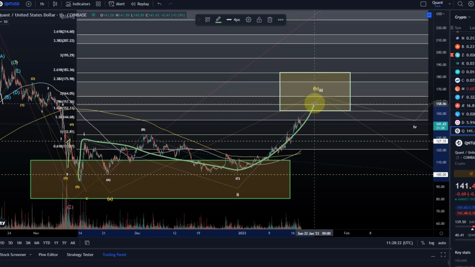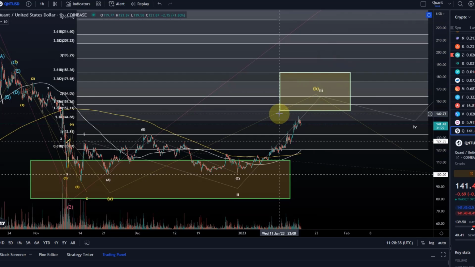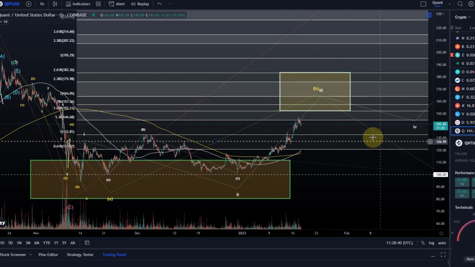After that, we would have the $157 level, 164, 178, 176 and 183. But for example, Ethereum and Bitcoin, I think they did rally to the 300, 400, 500% extensions. So it's certainly possible to overshoot.